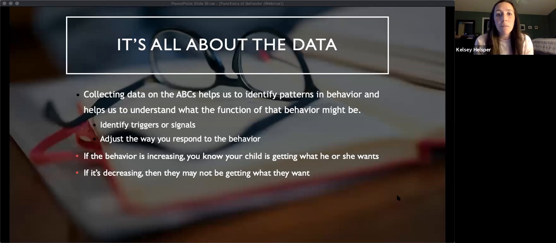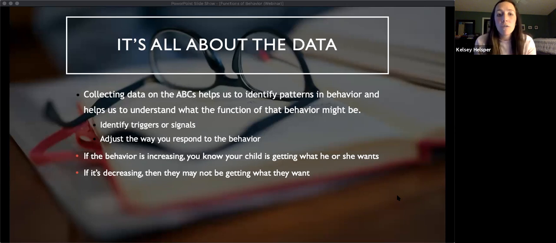So, for example, if your child cries and screams before hitting you or throwing objects, then we could identify crying and screaming as the behavior that is the signal. And then we can try to intervene during those behaviors before the behavior escalates to those higher magnitude behaviors.